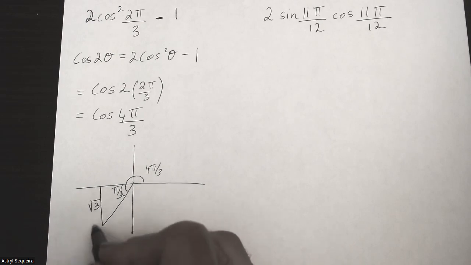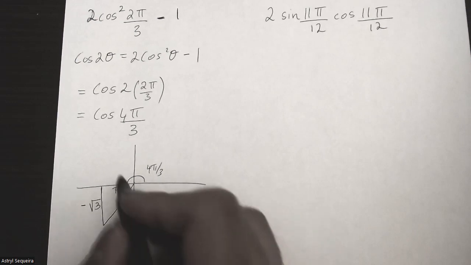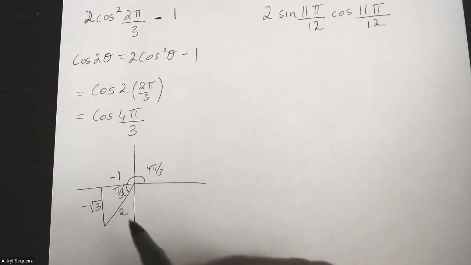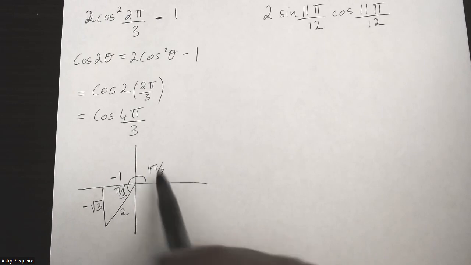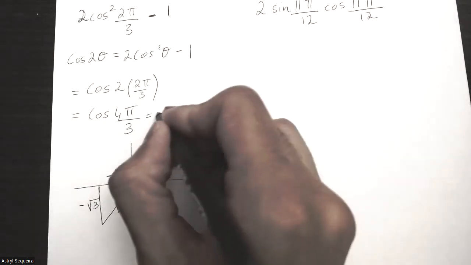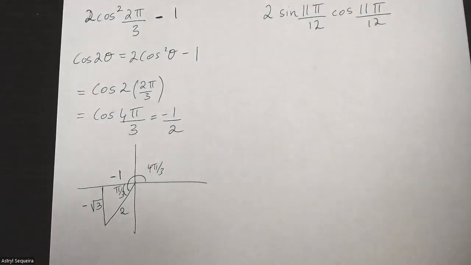But since this is the negative y-axis, it's actually negative root 3. Adjacent is negative 1. And hypotenuse is always positive. My hypotenuse is 2 for this special triangle. So cos of 4 pi over 3, cos is adjacent over hypotenuse. That's just negative 1 over 2.